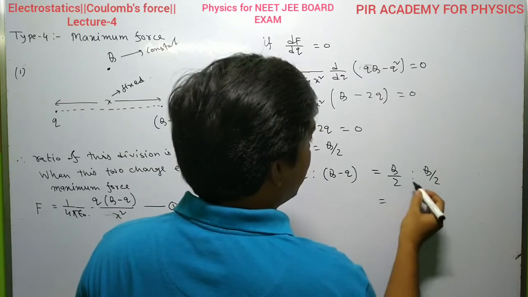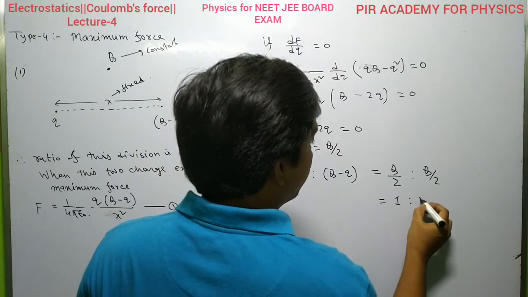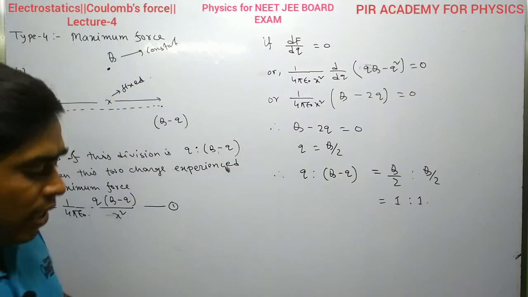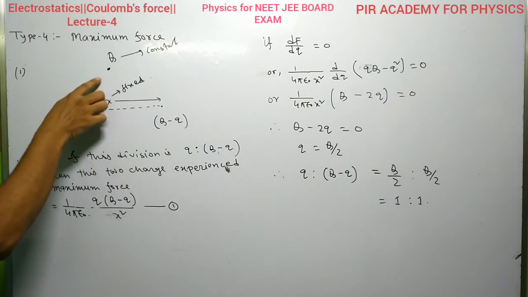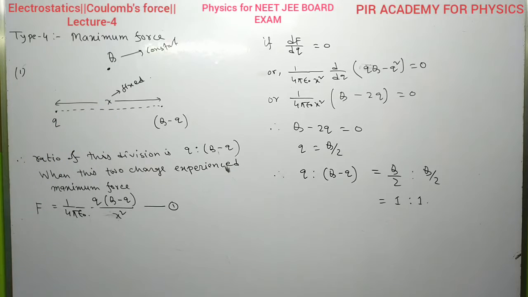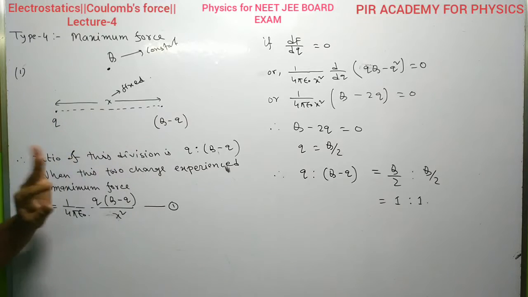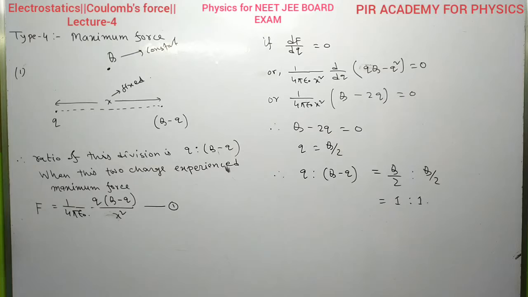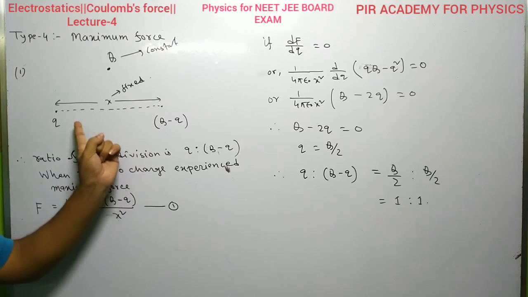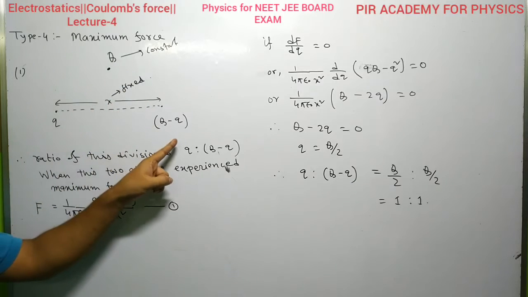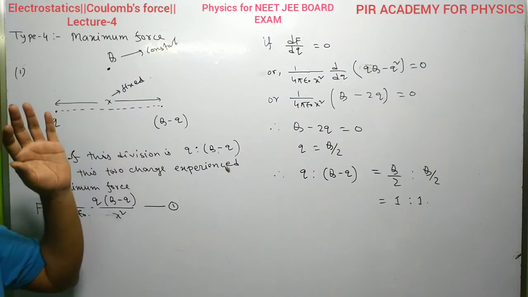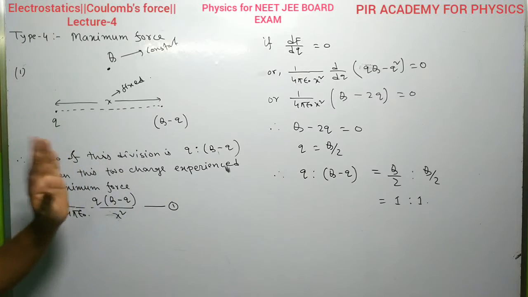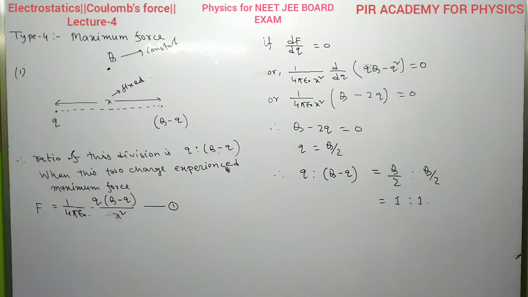So when this charge is divided equally, then the force between the two charges will be maximum. The condition is that the two charges are equally divided. When the charge is equally divided, then they experience maximum force. This is type 1.